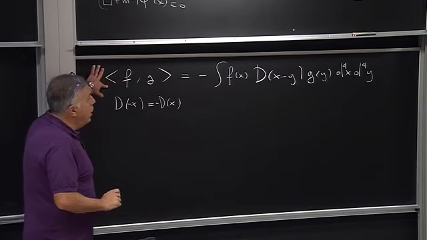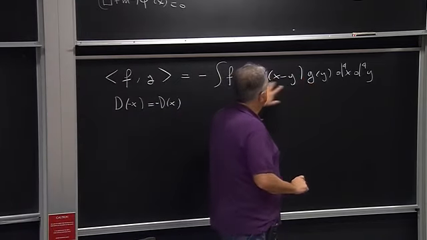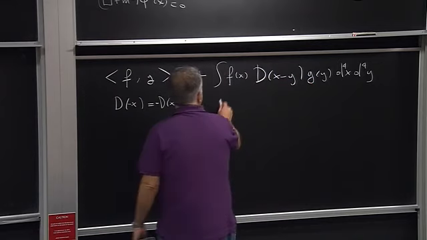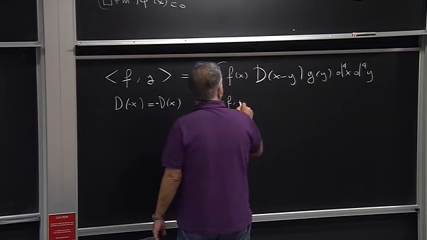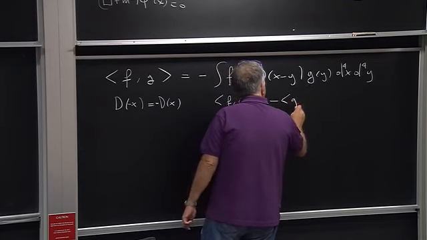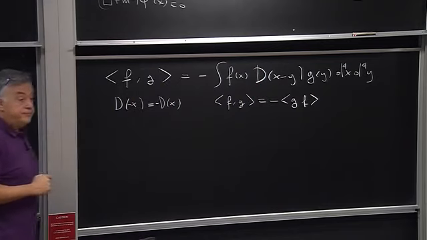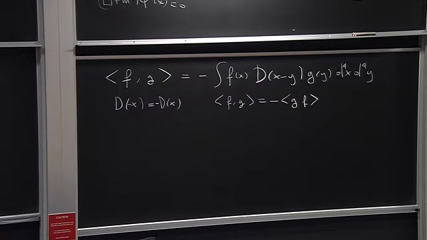So this product, I'm taking here real functions, is evidently antisymmetric. So it's a symplectic product.